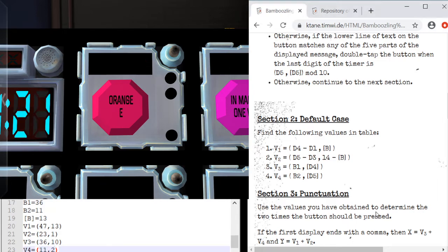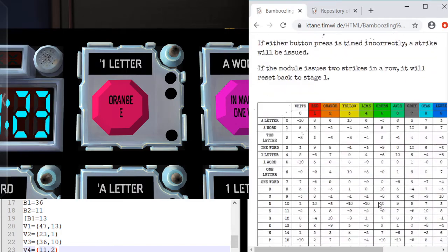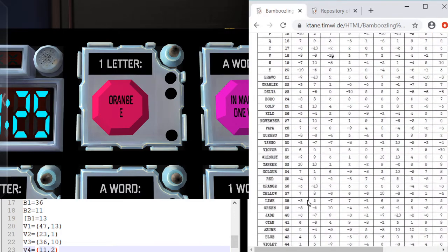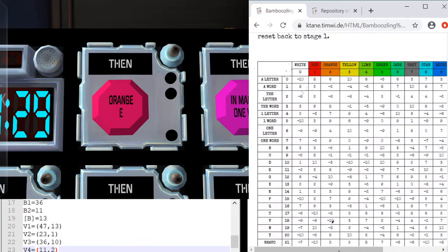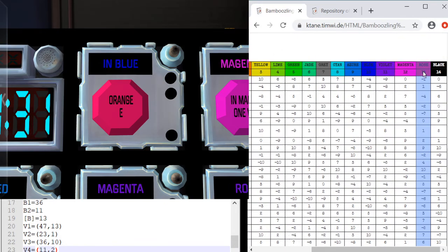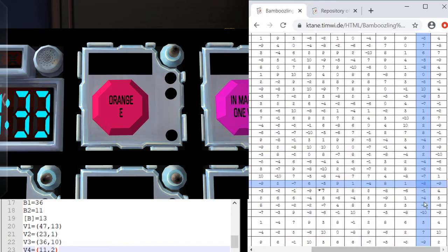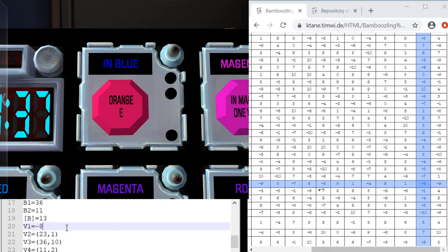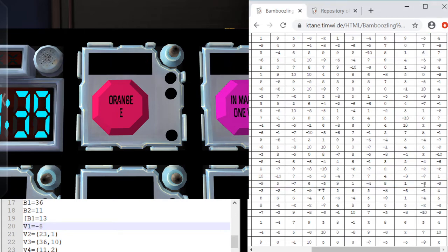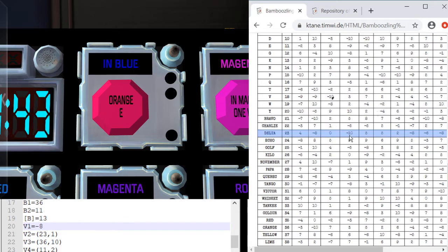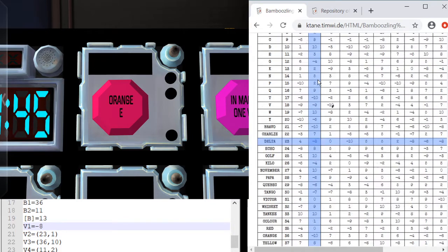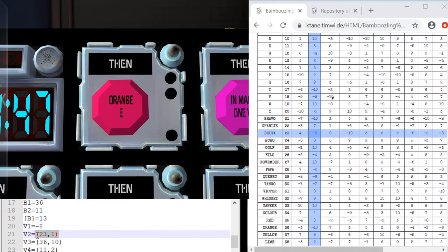So, now we have to find those coordinates in this chart. So we have a 47 and a 13 for the first one, which gives us -8. We have a 23, comma 1, which gives us a -8 as well.